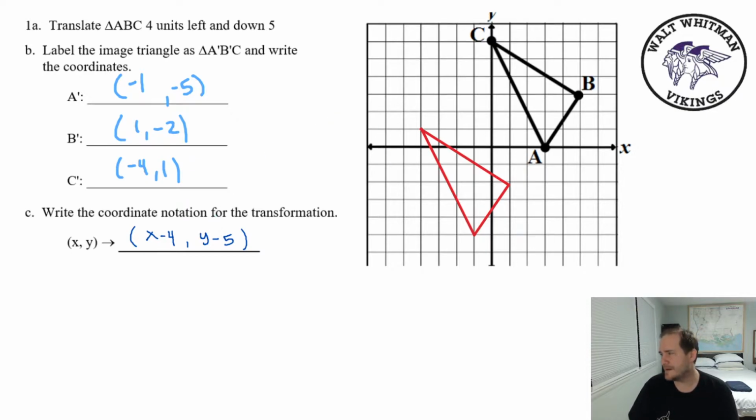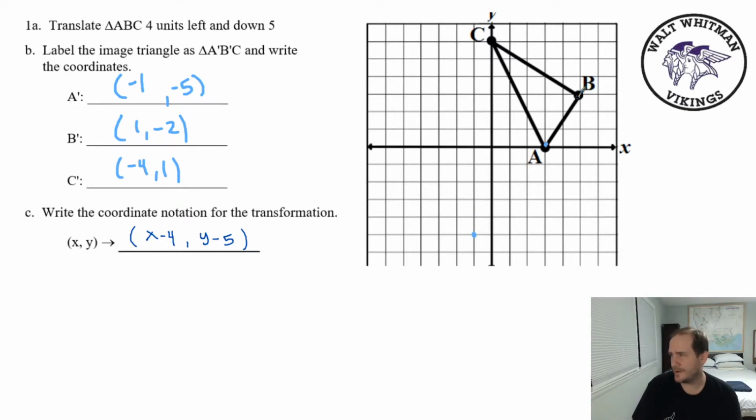Again, I know you guys don't have all this fancy stuff that lets you draw triangles and drag them. So if I were you, I would just do it with all the points, 1 point at a time. You'd start on point A, and you just imagine moving 1, 2, 3, 4 to the left, and 1, 2, 3, 4, 5 down.